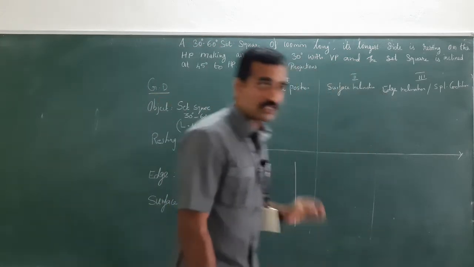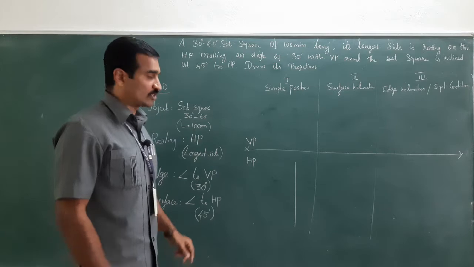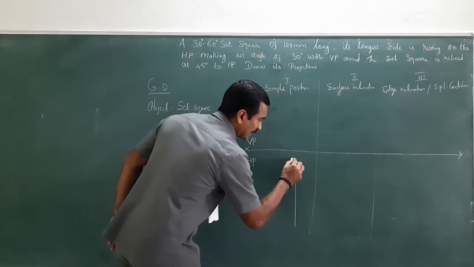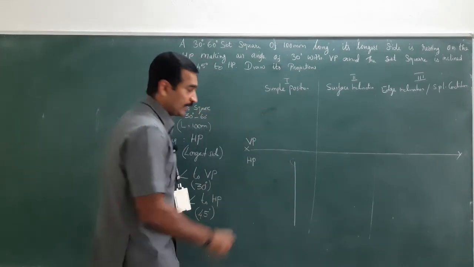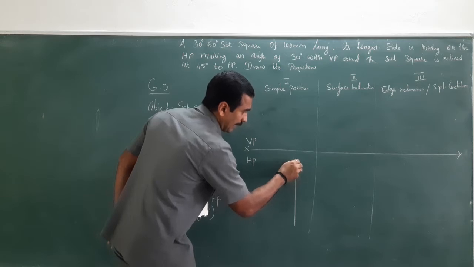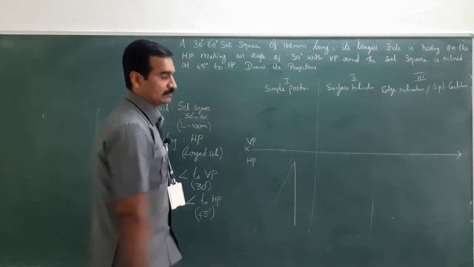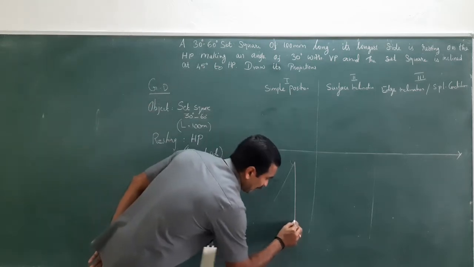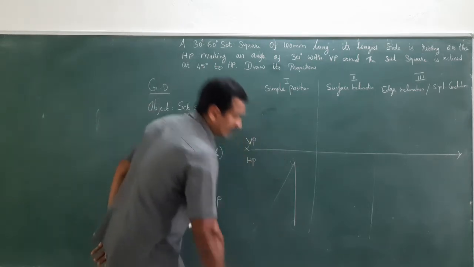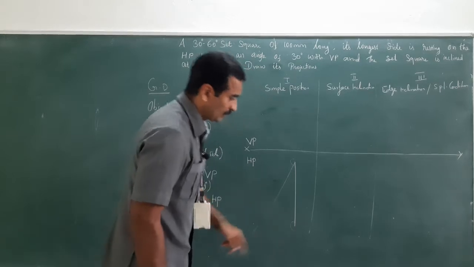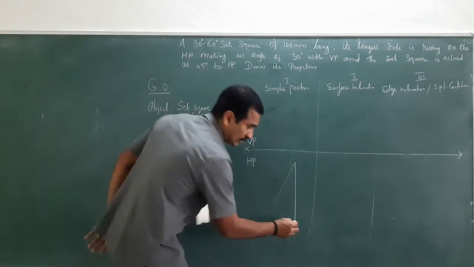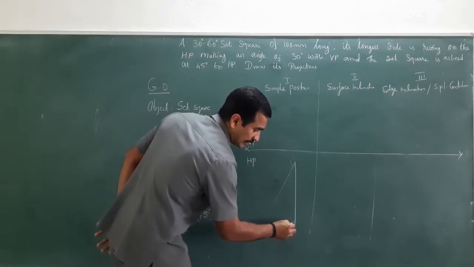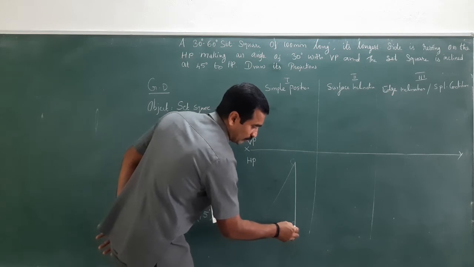Now, 30-60, as being the set square is 30-60, keep your protractor in this manner. Take 30 degree and extend this line. Now, keep your protractor in this manner, the center on here. Now, take 60 degree from here. So, 45 could be somewhere here, the 60 is somewhere here.